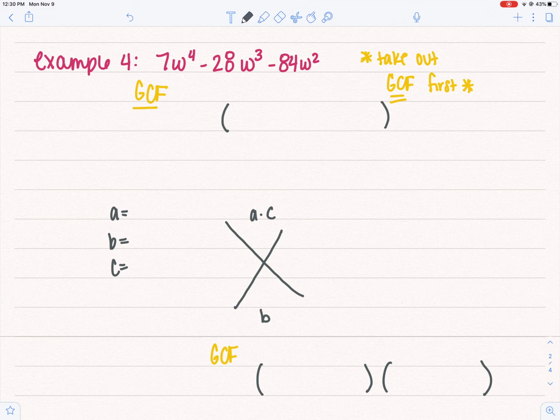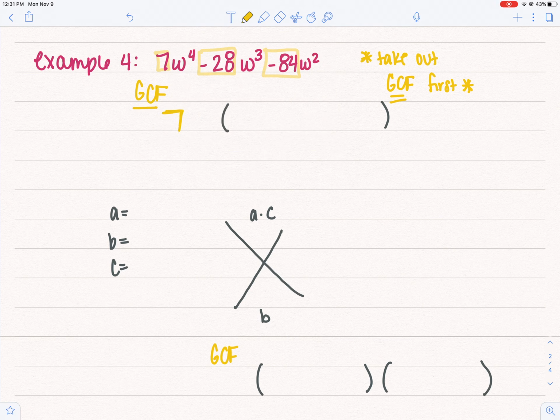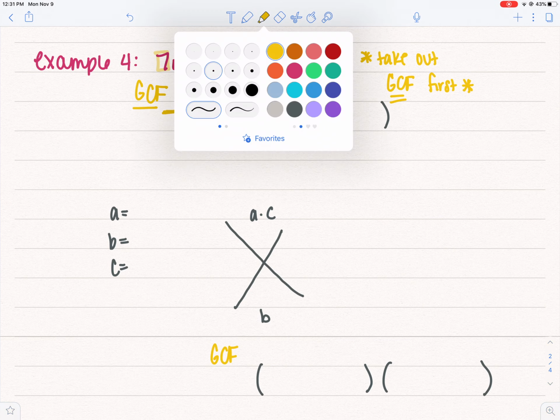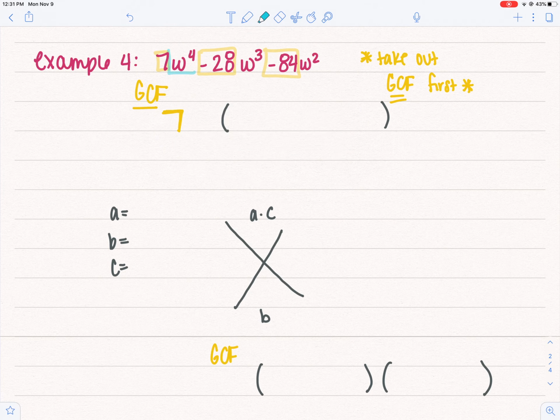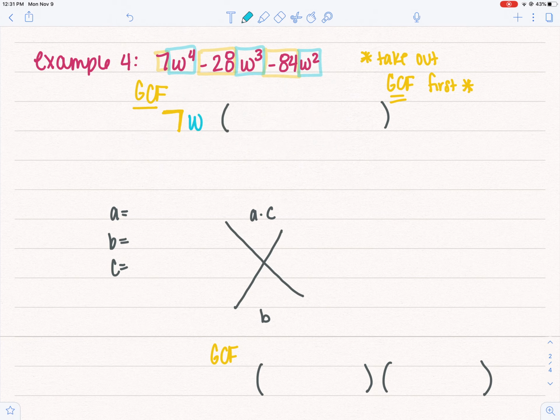So let's talk back through that. 7, negative 28, and negative 84 all can divide by 7. So part of my GCF is going to be 7. But also, w to the fourth, w to the third, and w squared all have a w squared in common. So not only can I take out a 7, but I can also take out a w squared.